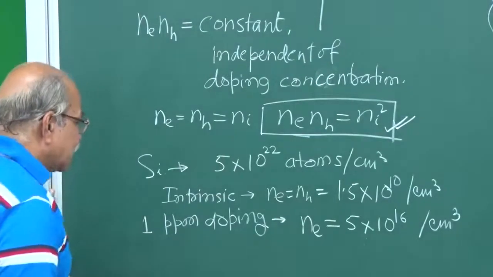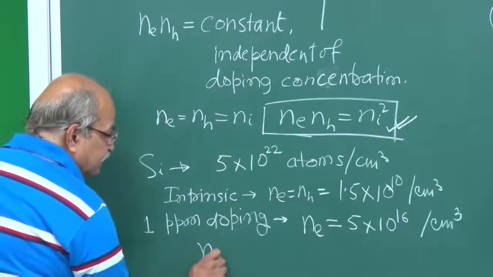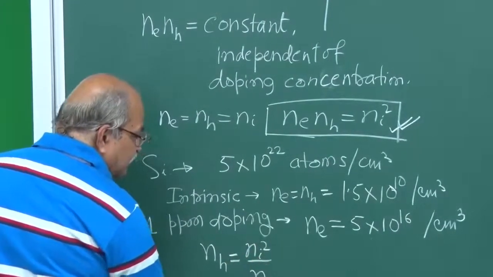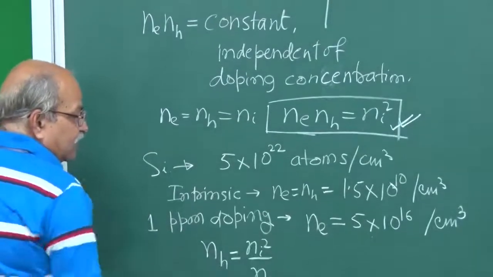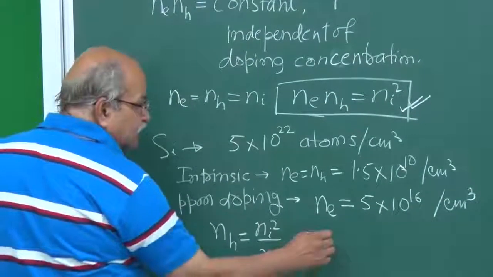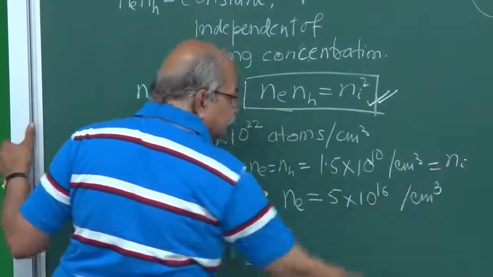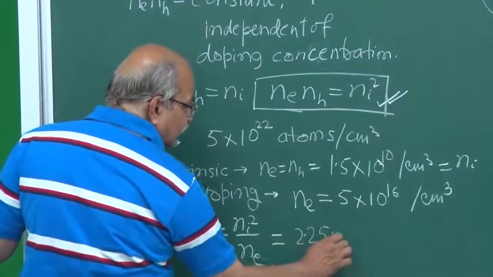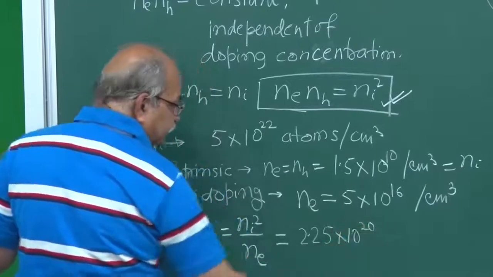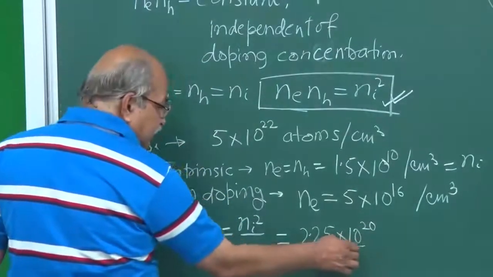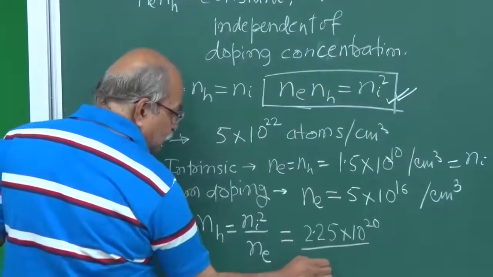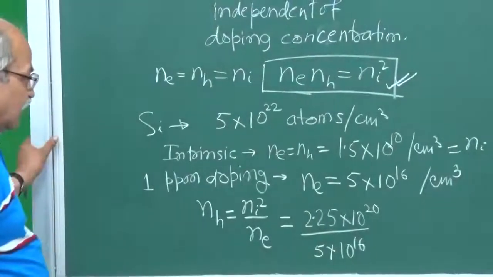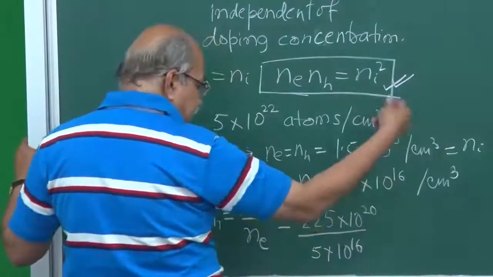So what is NH, the number density of holes? That will be Ni square divided by Ne, because Ne into NH should remain Ni square. This is Ni, so Ni square is 2.25 into 10 to the power 20, divided by Ne, which is 5 into 10 to the power 16, and of course per centimeter cube.